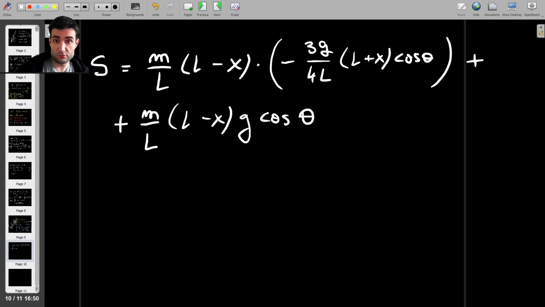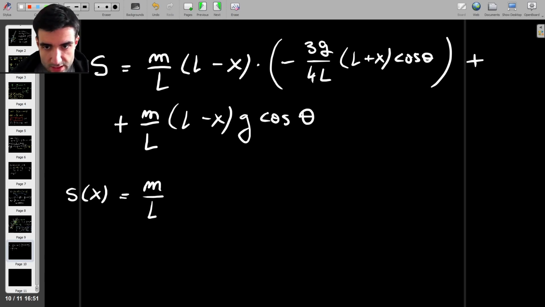Okay, so now we just have to somehow bring this to a nicer and simpler form. So S as a function of X, basically, because X is our variable. If you think, well, theta is a variable of sorts, but we only care about how things change along the length of the bar. So S as a function of X is going to equal, and now we can factorize a couple of things.